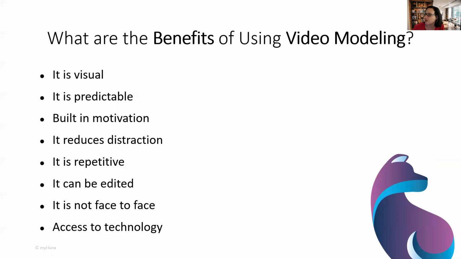You can reduce distractions. It's repetitive. You can edit it so you put exactly what you want in it. It's not face-to-face, which can be less of a challenge for somebody on the spectrum because dealing with faces can be very stressful for them. And it gives them access to technology, and that's inherently motivating for everybody, whether you're on the spectrum or not.